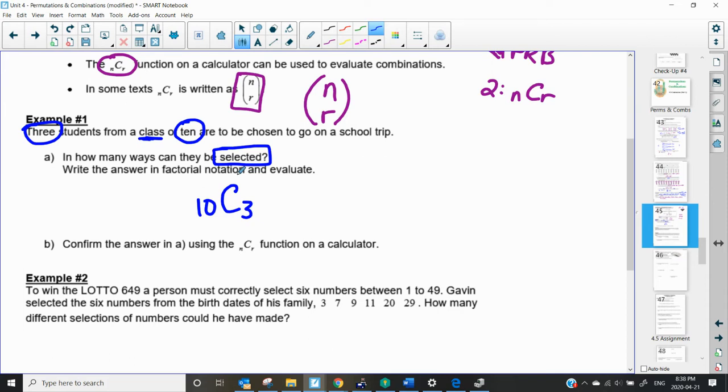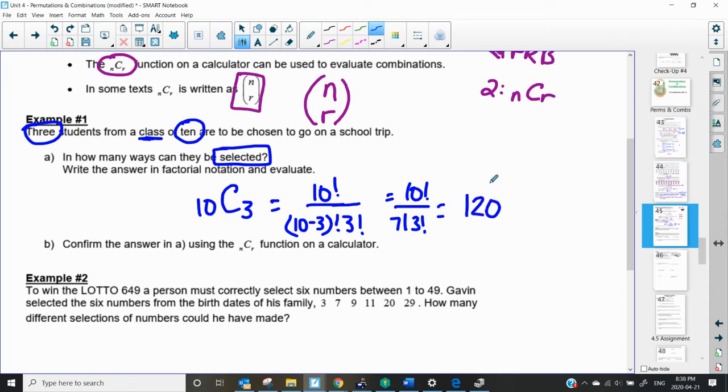Now this question asks us to write it in factorial notation, so we're going to use the formula from above. And so that's going to be n factorial, which is 10 factorial, over 10 minus 3 factorial times 3 factorial. And if we simplify that down, that gives us 10 factorial over 7 factorial, 3 factorial. And if we put that into our calculator, we get 120.